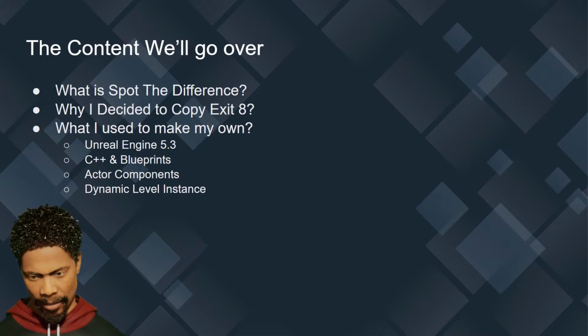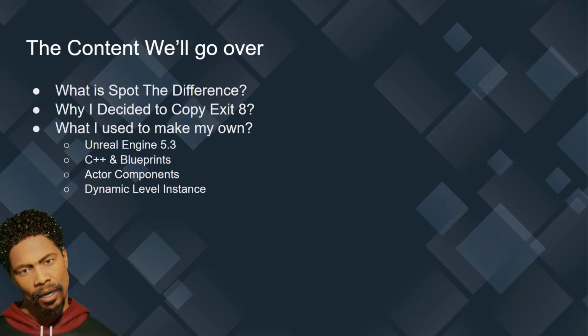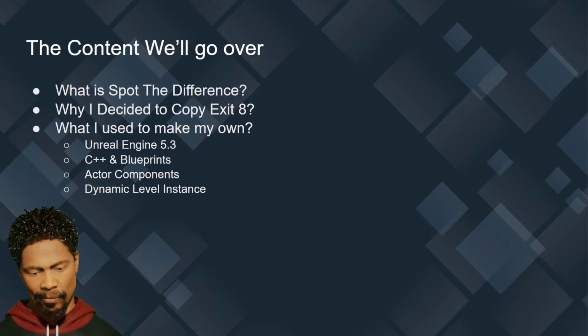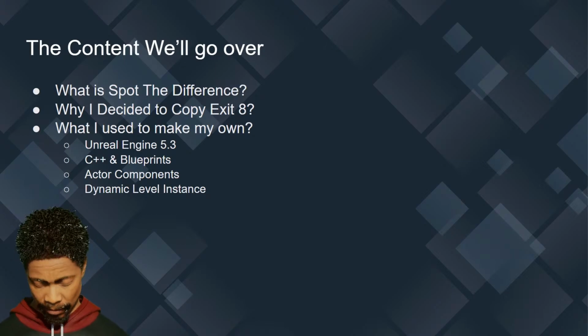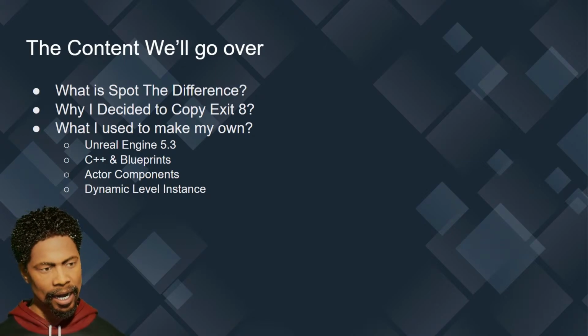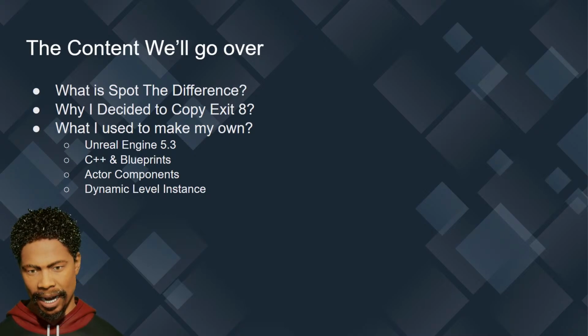It's somewhat similar to level instancing, but it allows you to change the transform of a level, basically the location, rotation and size of the level, to wherever you want. But I'll go over that a little bit later on.